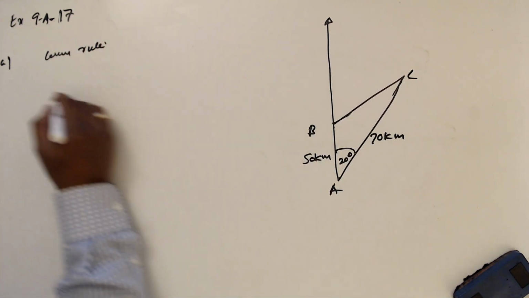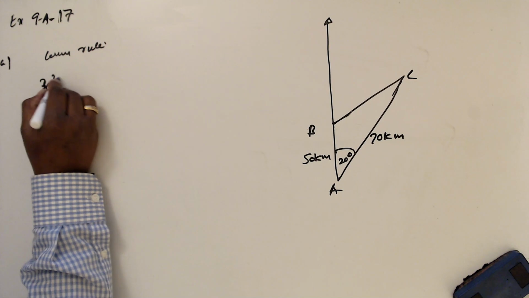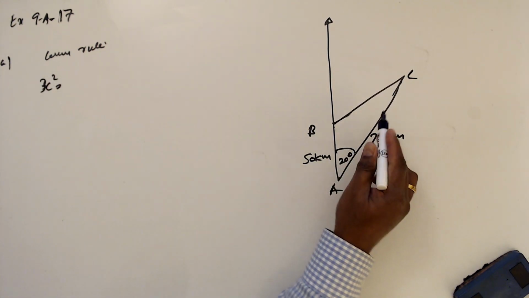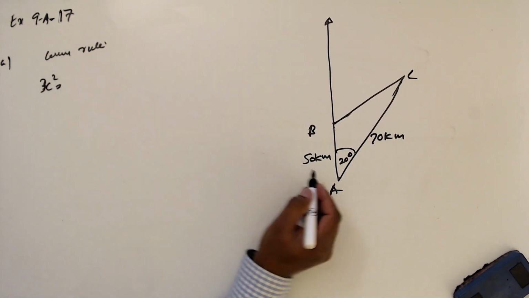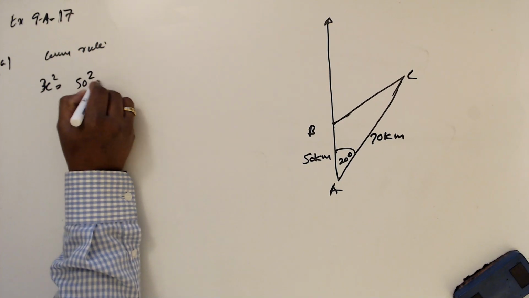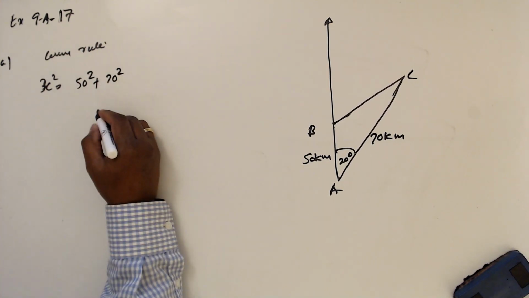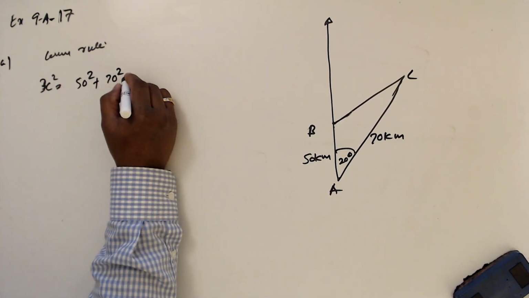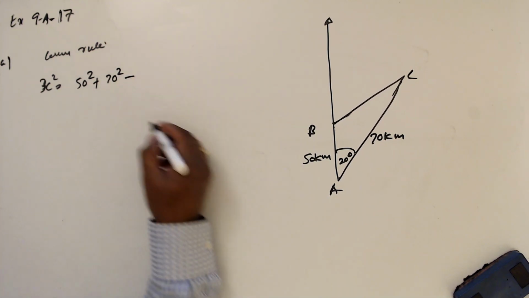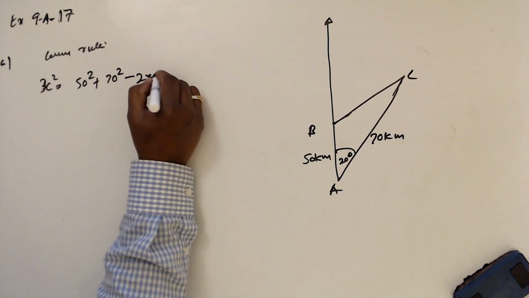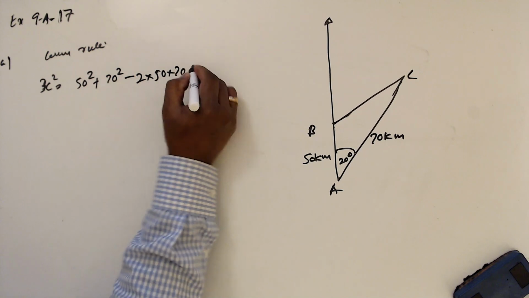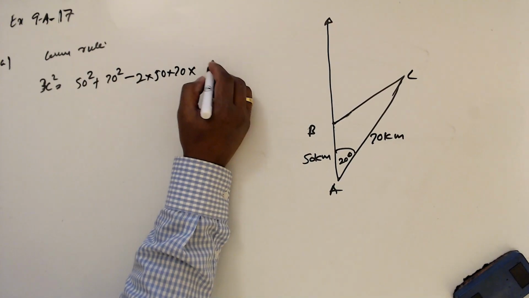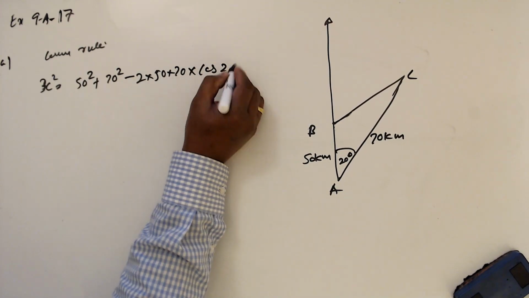So BC square equal 50 square plus 70 square minus 2 times 50 times 70 times cos 20.